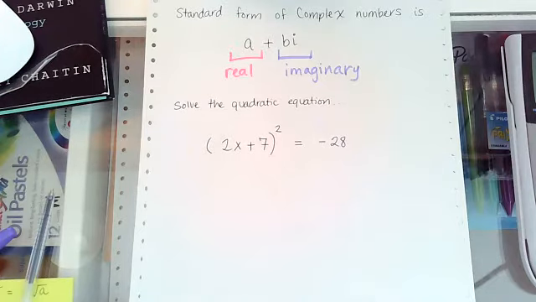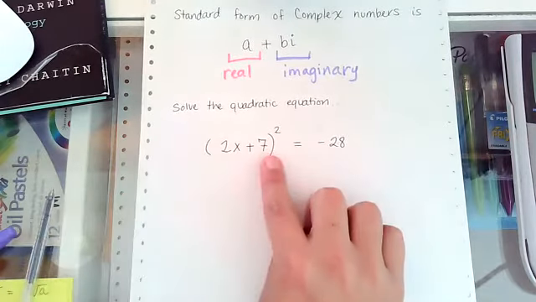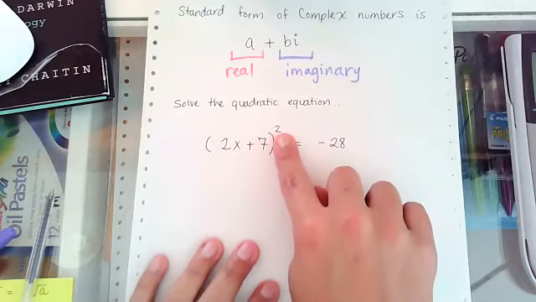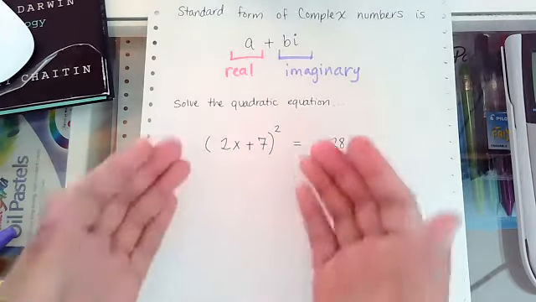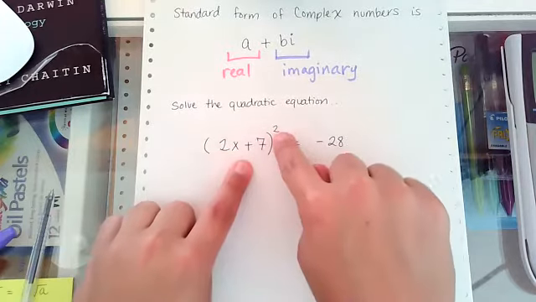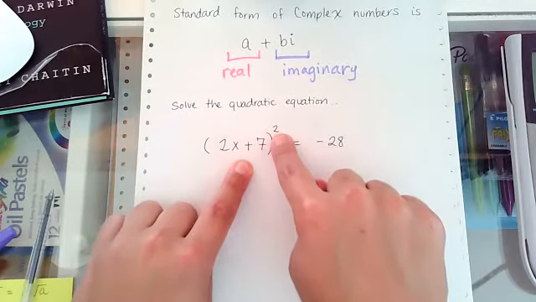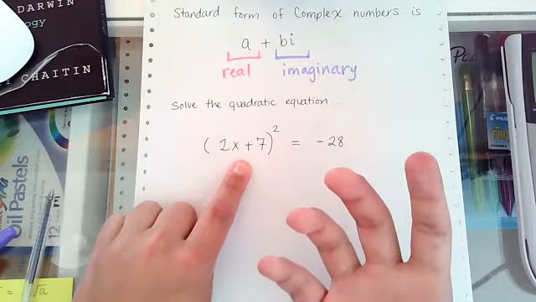Well, you'll notice that the left-hand side of the equation is squared. And we know how to cancel out the square. Now, we cannot get to the stuff inside the parentheses until we get rid of that square operation. So getting rid of that square operation is going to be the first thing that we need to do.